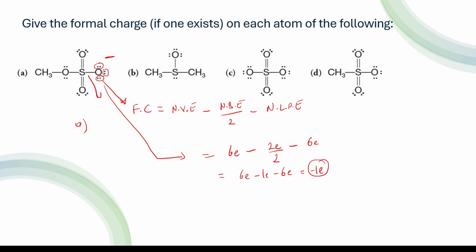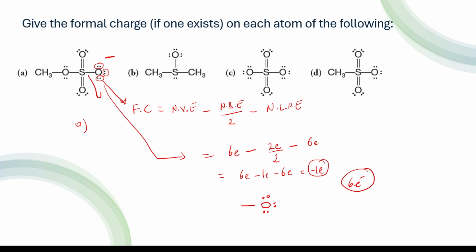That's the first way. The second way, I'm going to write the oxygen here again so that we can deduce another way to calculate formal charge. First of all, we have 6 valence electrons for a neutral oxygen atom.